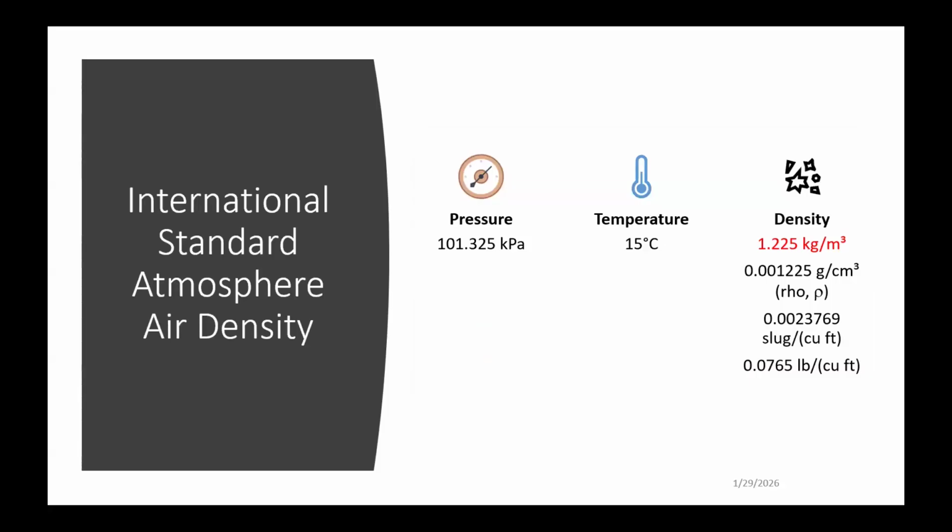The international standard is 29.92 and 59 degrees, and then the international standard is 101.325 kilopascals at 15 degrees C, and the air density is defined as 1.225 kilograms per meter cubed.